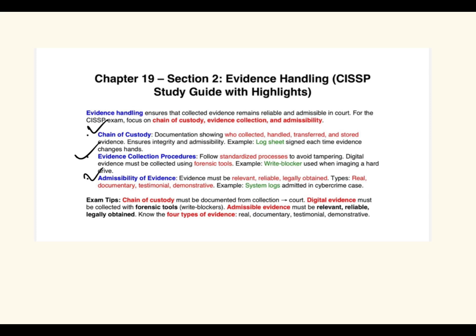Admissible evidence is relevant, reliable, and legally obtained. We need to know the four evidence types: real, documentary, testimonial, and demonstrative. So these are evidence handling methods.